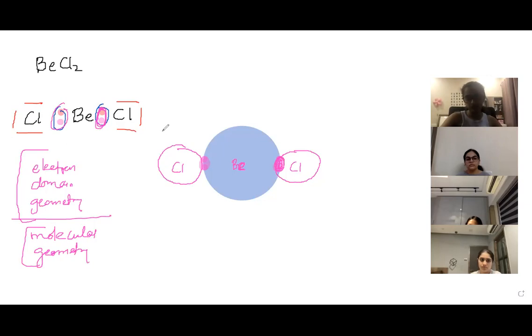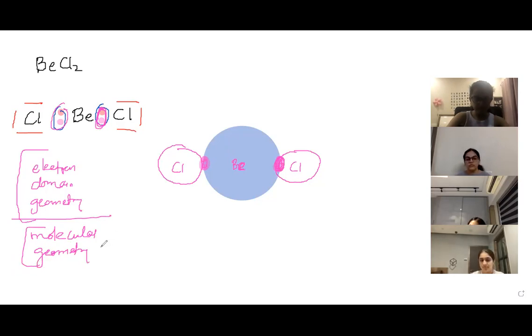First I decide how the electron domains will be positioned, because wherever the electron domains are, the surrounding atom will be in that position. So if the 2 electron domains are in these 2 positions, the 2 chlorine atoms also have to be in those positions. So now I get the molecular geometry. For molecular geometry, you need to take the surrounding atoms into consideration also.